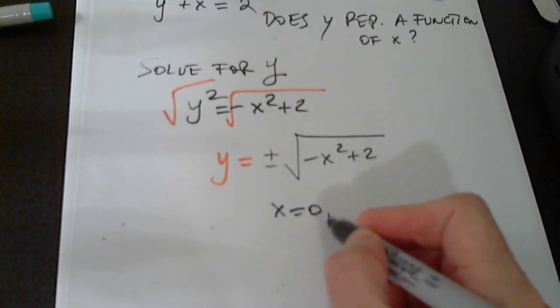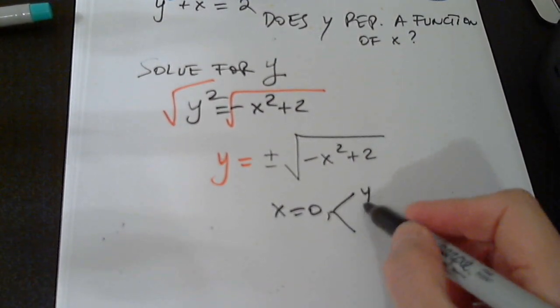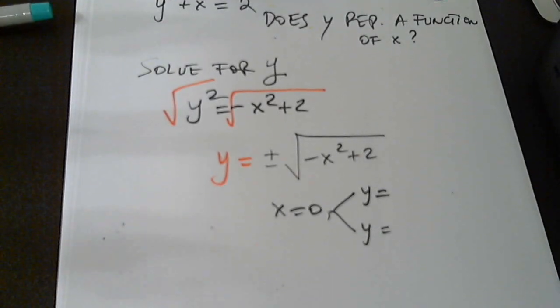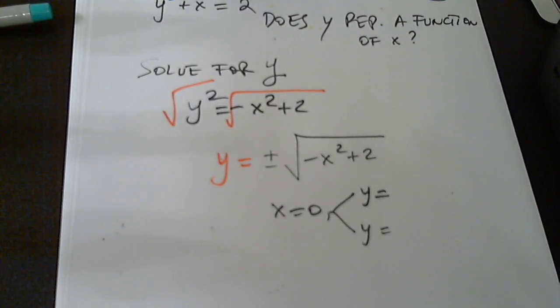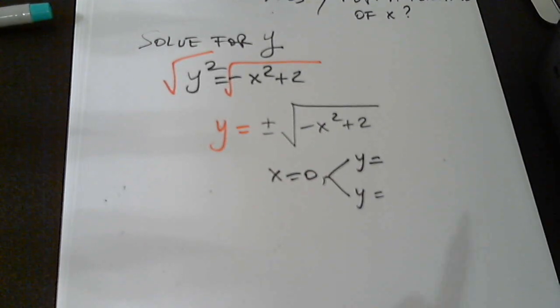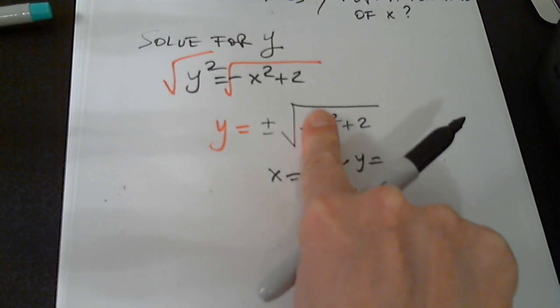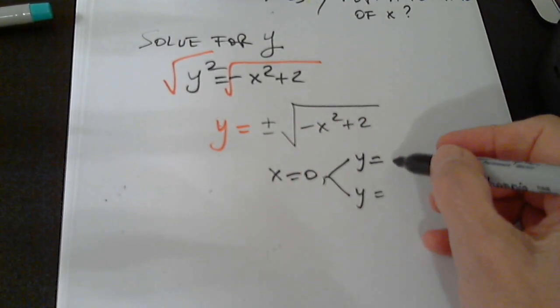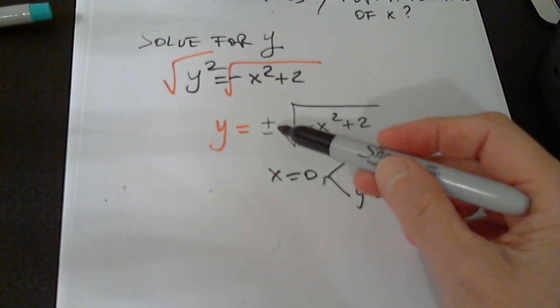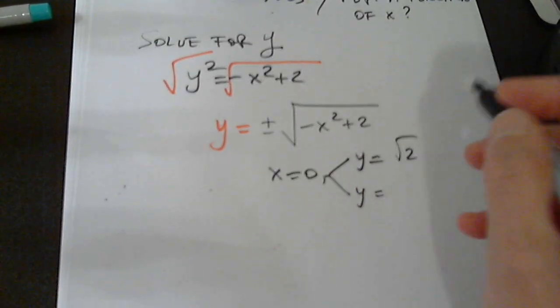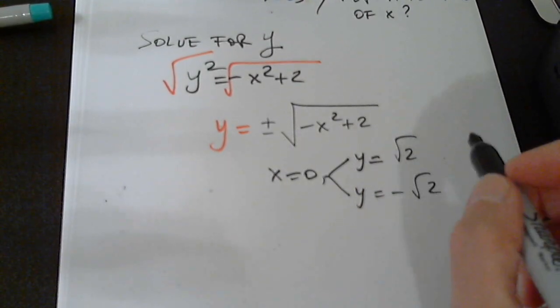So just give it one value. Let's say x equals 0. How many different y values do we get? You don't have to calculate anything. Just tell me what you get. Positive the square root of 2, negative the square root of 2.